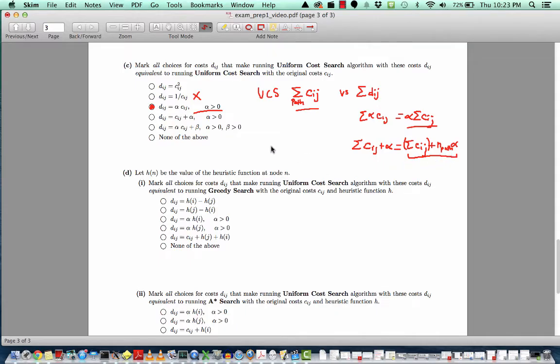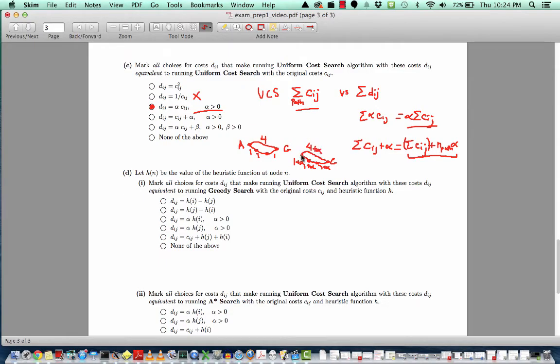For example, if you're starting from state A and there's a path here from state A to the goal, and each of these have weight 1, versus a single path right here, and this has weight 4. If this is your original graph with weights Cij, then your new graph with weights Dij is going to have a value of 1 plus alpha for each of these edges, versus this edge will have a weight of 4 plus alpha.